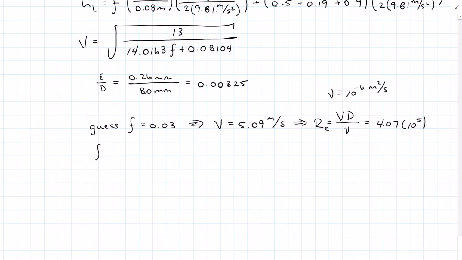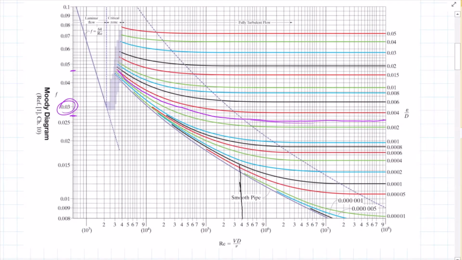So going back to the Moody diagram, around here, can't draw a straight line.